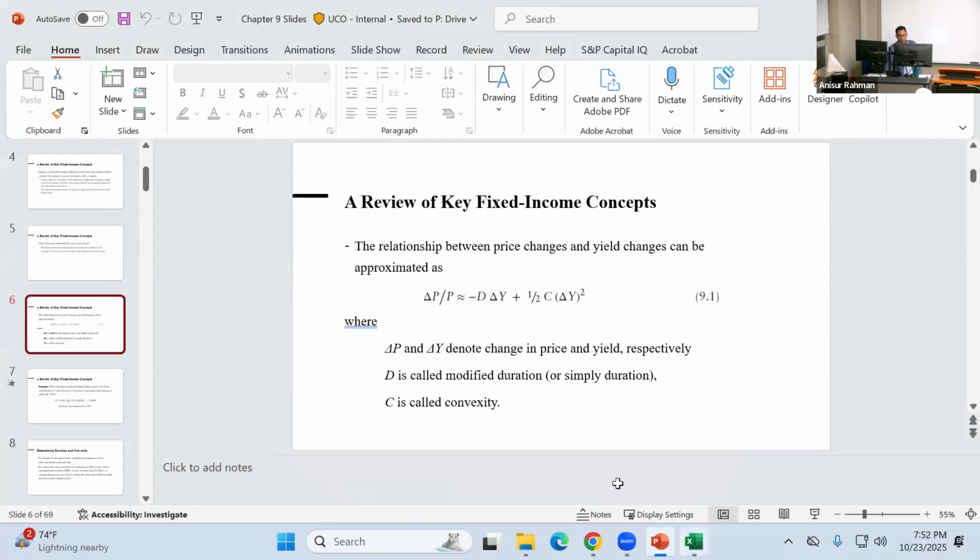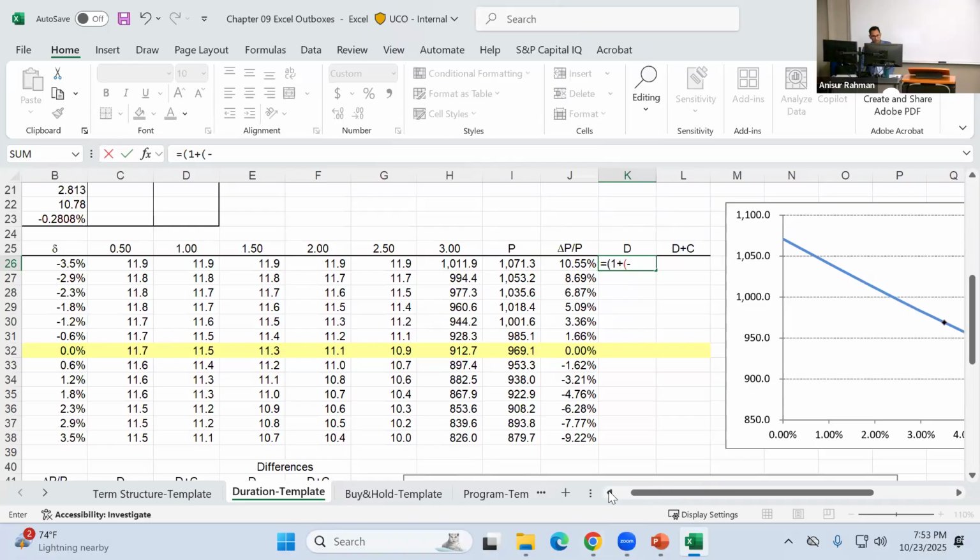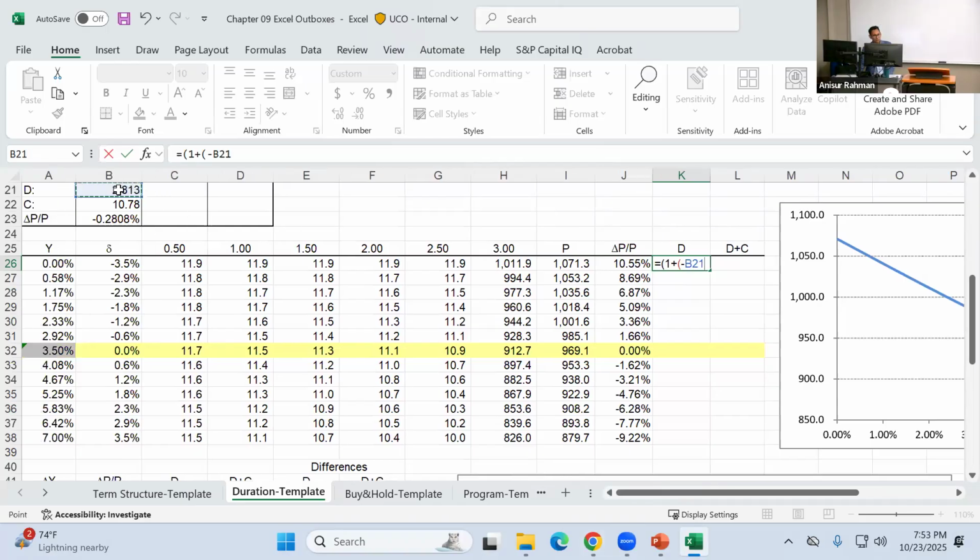So how do we calculate the price? It will be 1 plus the percentage change, right? But because there is a negative sign for duration, I'm going to use an open parenthesis, minus duration, which is our duration.